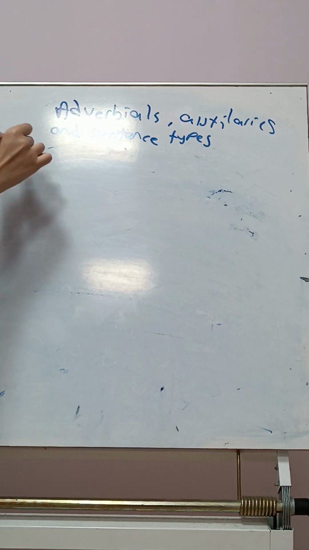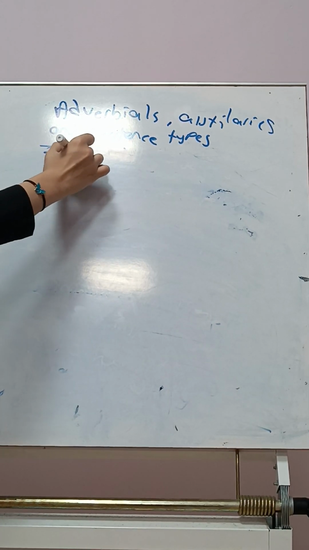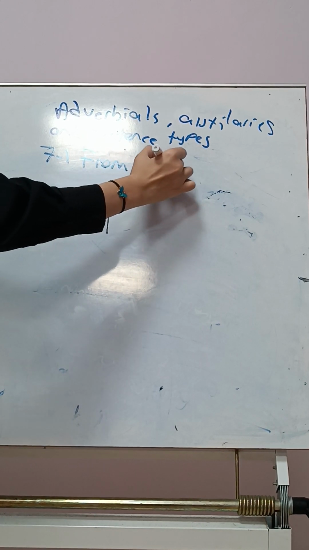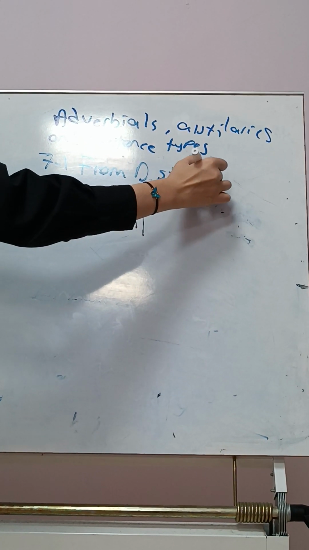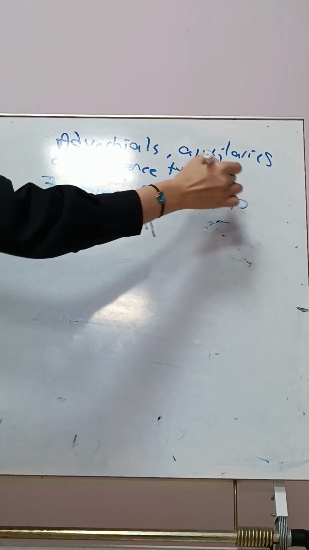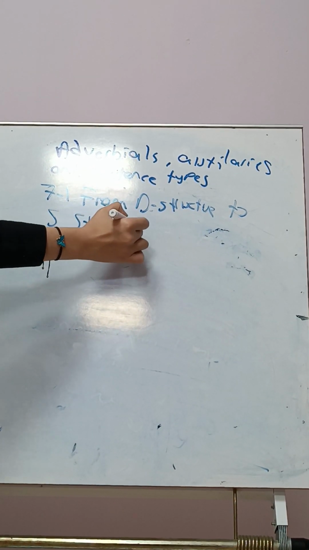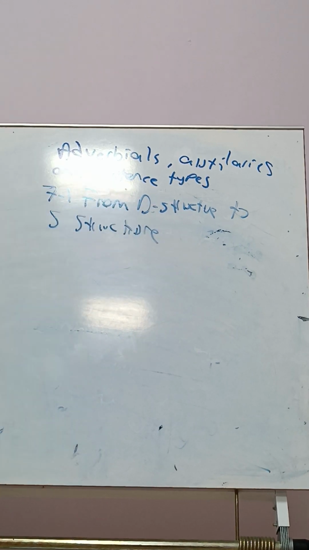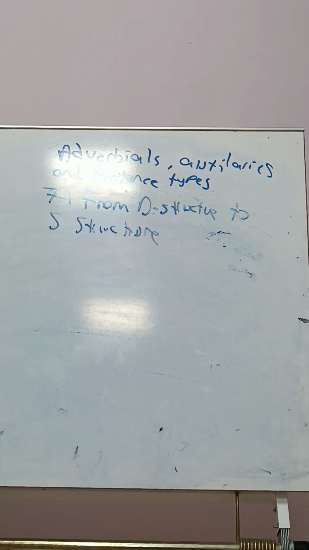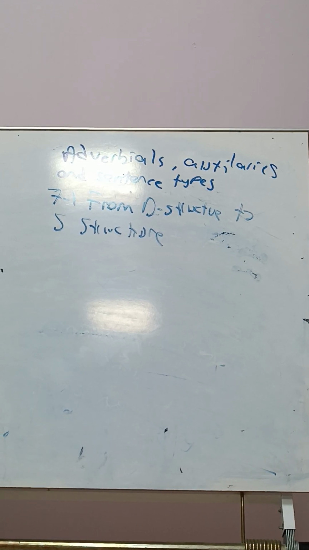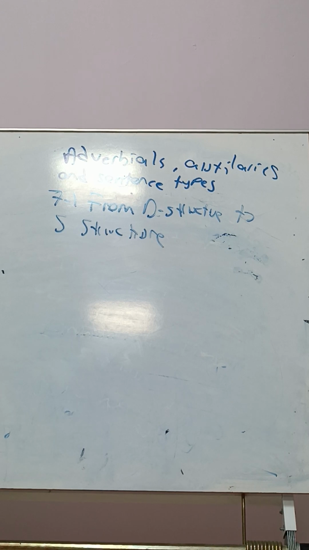Okay, our last topic is from deep structure to surface structure. As we have now learned all the phrase structure rules, except for accounting for complex sentences, it is perhaps useful to review what these rules do.